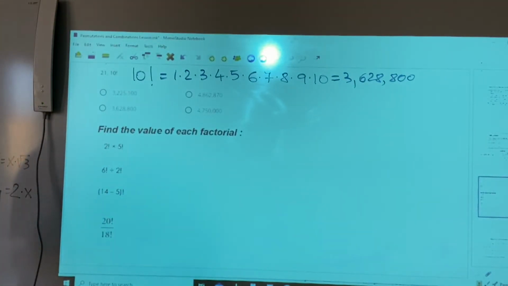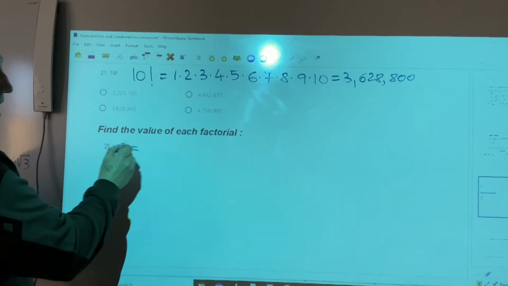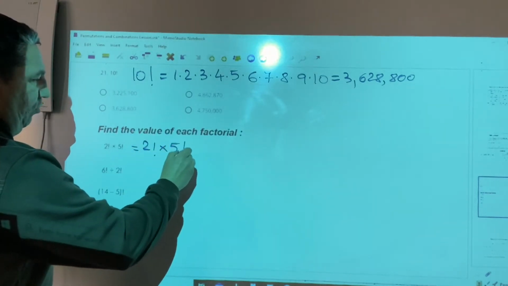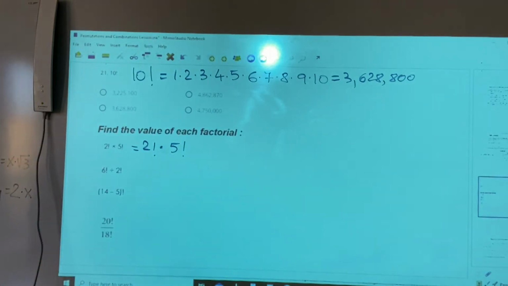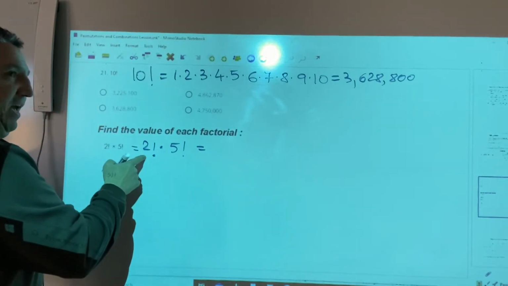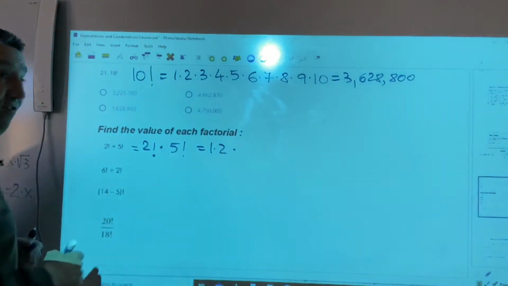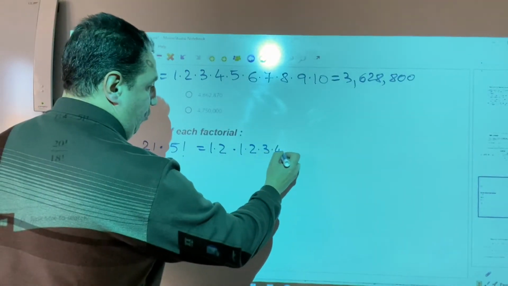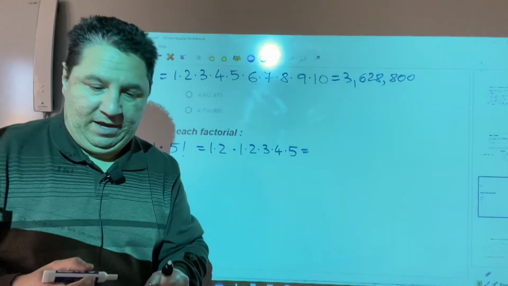Here, find the value of each factorial. In this case, we have a product of two factorials. I'll rewrite it for you, because probably you don't see it here, it's too small. First we express 2 factorial, which is 1 times 2, times 5 factorial, which is 1 times 2 times 3 times 4 times 5. And we simply multiply these numbers.